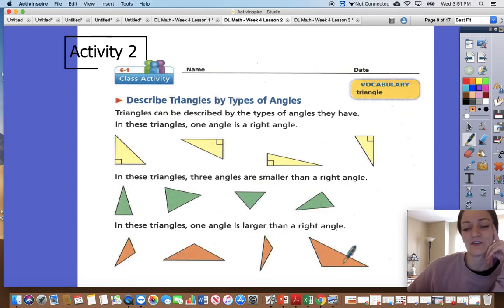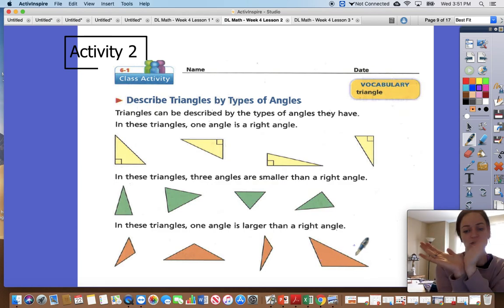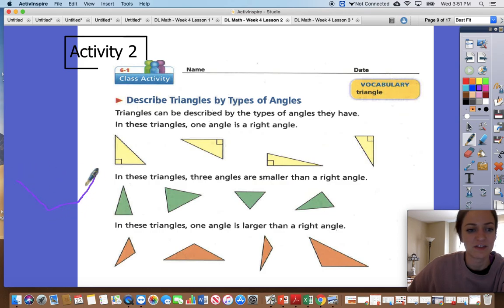Even if you pause the video and try to make a triangle with three sides that has all obtuse angles, you can't do it. One of them's obtuse, but these two other ones are acute, because if you tried to draw more than one obtuse, you'd never be able to connect the sides. So you can't draw a triangle with more than one obtuse angle.